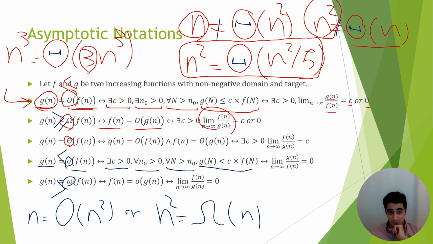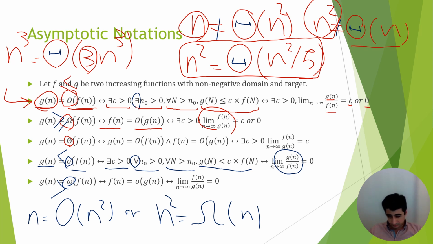The big difference between this definition and the big O definition is that here I have a for every, there I have there exists. Long story short, you can create an equivalent definition for lowercase o using the limit operation. You can say g of n is lowercase o of f of n if the limit of g over f is equal to 0 when n goes to infinity. So g over f should converge to 0.